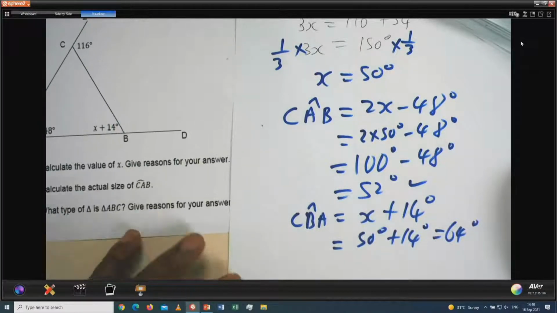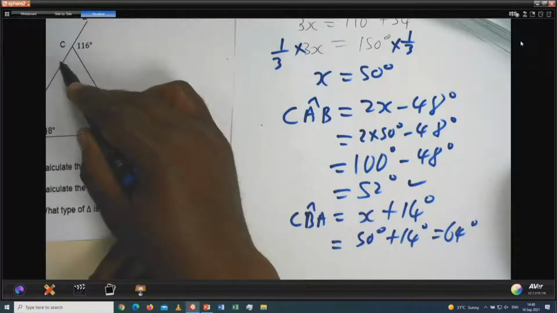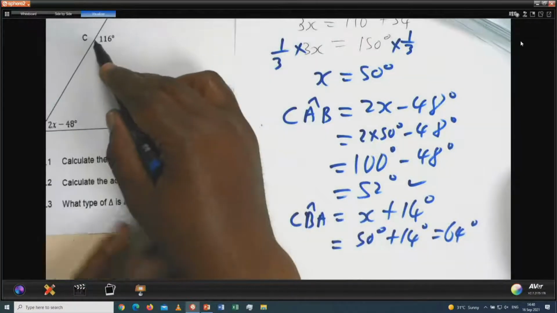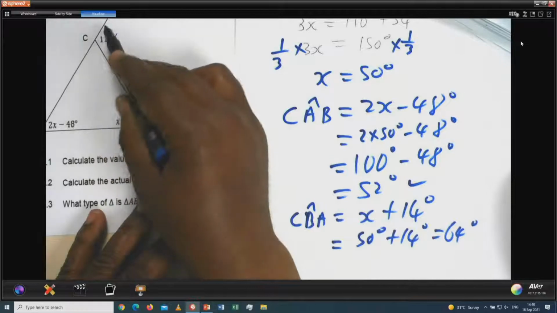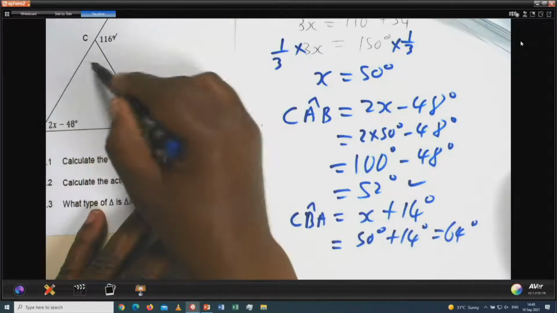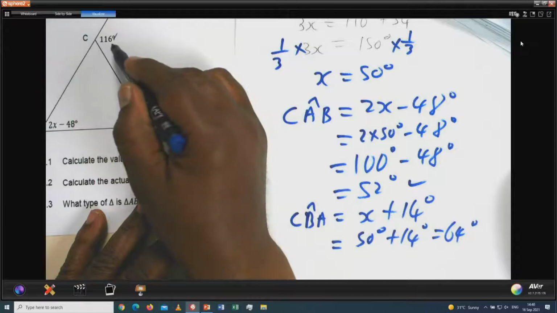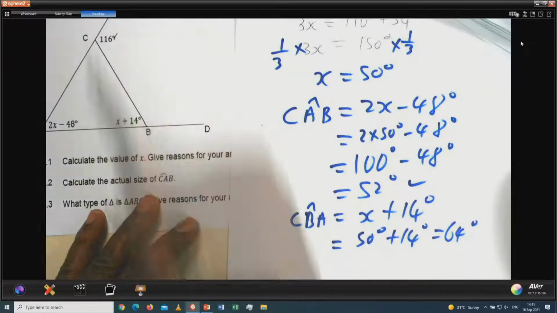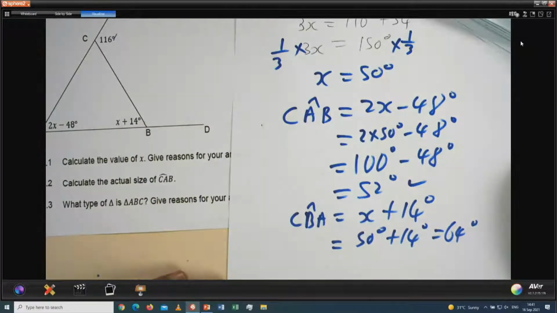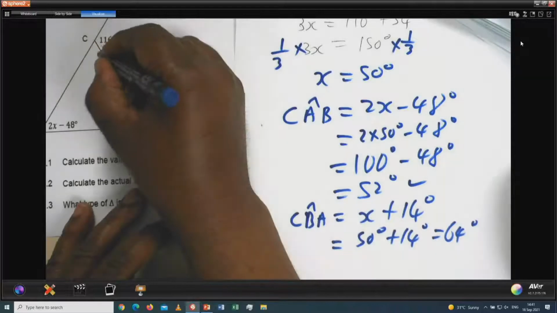We must also get your C. You remember what is your C? Straight line again. I mean ACB, your straight line. To get 180 for 64. Therefore, this one is 64 degrees.